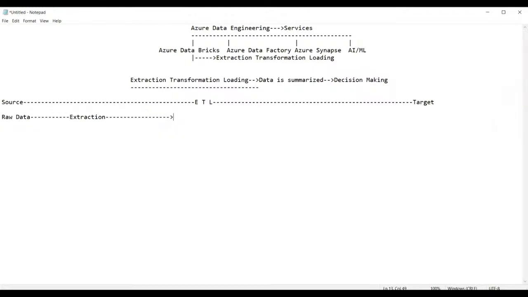After extraction is done, the process of transformation is implemented. Transformation is the actual process where the data is converted into the format required by the customer. Once the transformation is done, the data is finally prepared and loaded into the target, that is called the destination.